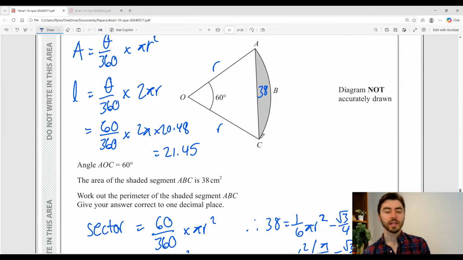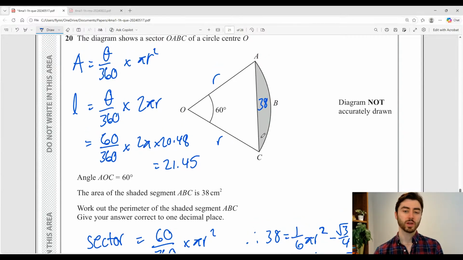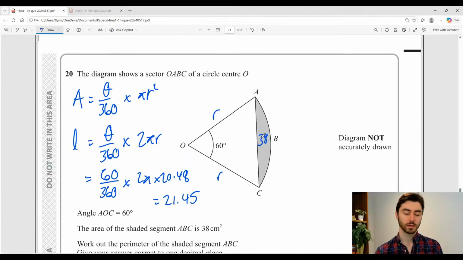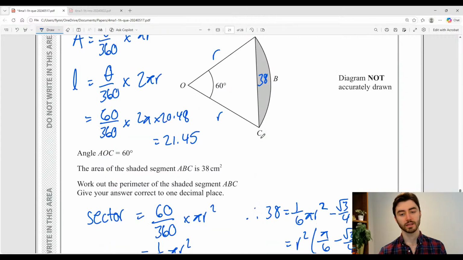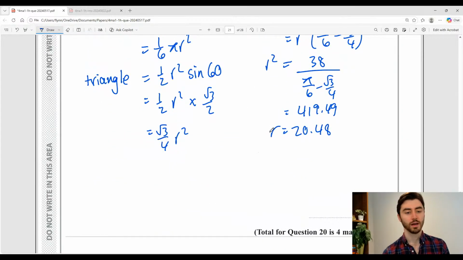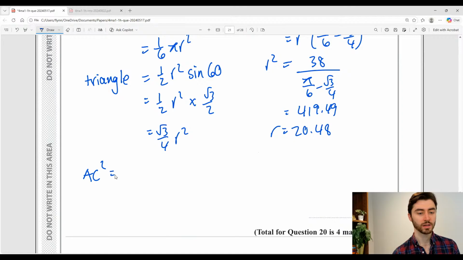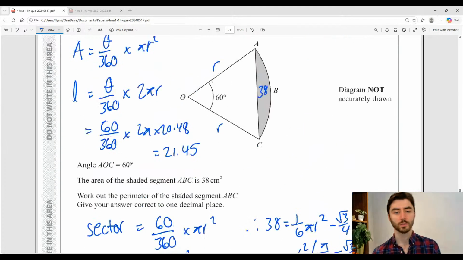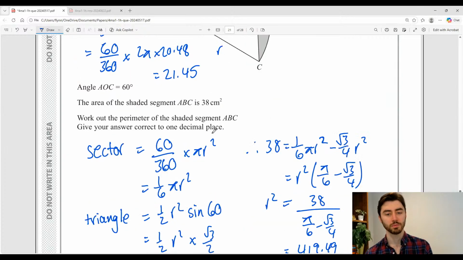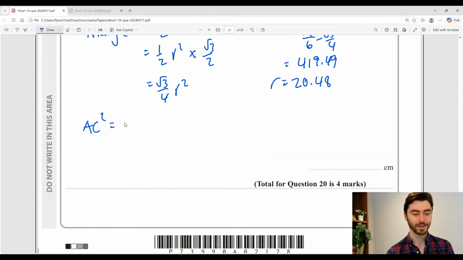And then the straight length from A to C, I can get from the cosine rule again. I can say that AC squared is equal to r squared plus r squared minus 2 r squared cos 60.